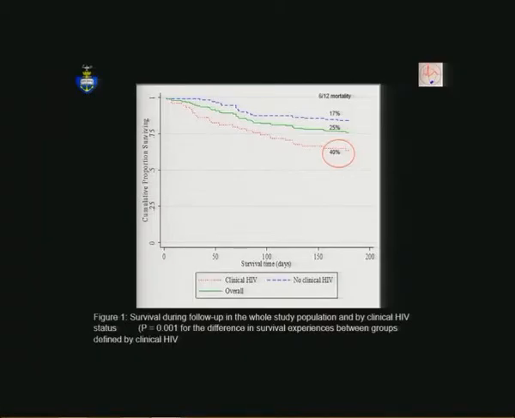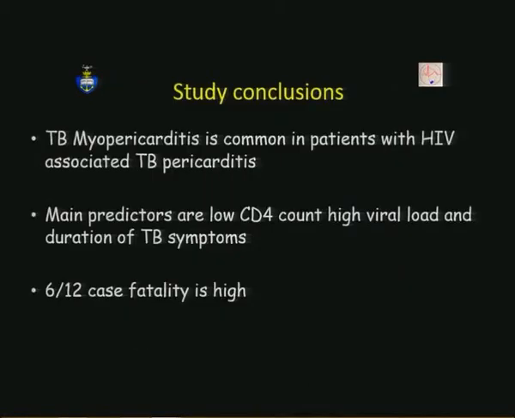Again, we looked at survival in our cohort, and just to say that those with HIV and TB pericarditis, excuse me, I'm losing my, had the highest mortality rate with a six-month case fatality rate of 40% compared to the group as a whole, and 17% in those that didn't have HIV and TB together.